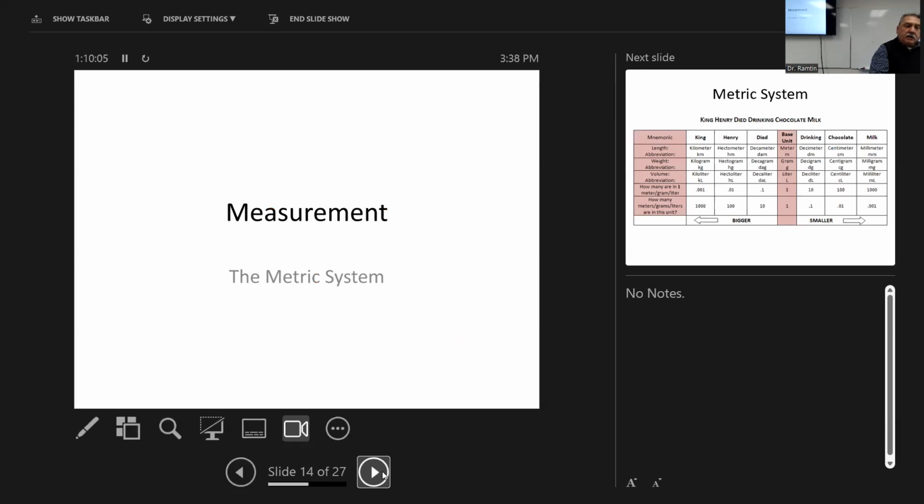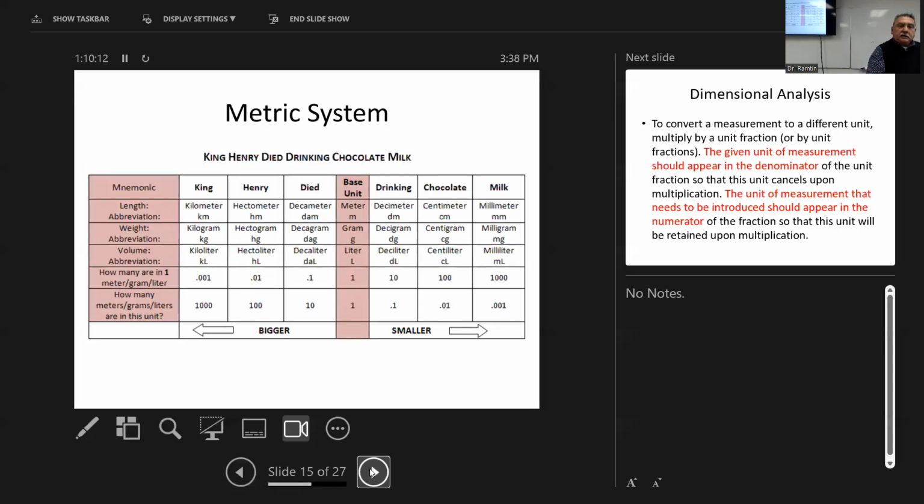Now, measurements. Let's go to measurements, units, and conversions. This is a good, easy thing to remember: King Henry died drinking chocolate milk.